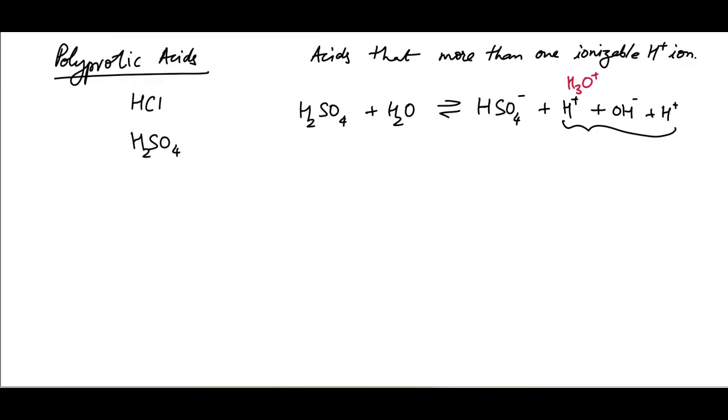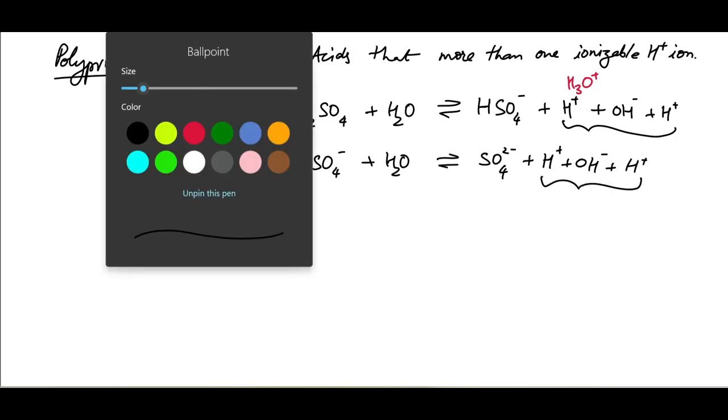So H2SO4 is releasing only one H plus in this case, and then in the next step HSO4 minus, again reacting with water, will give us sulfate, SO4 2 minus, plus again H plus plus OH minus, this is water, and this H plus is released by HSO4 minus. So again this can be understood as H3O plus.